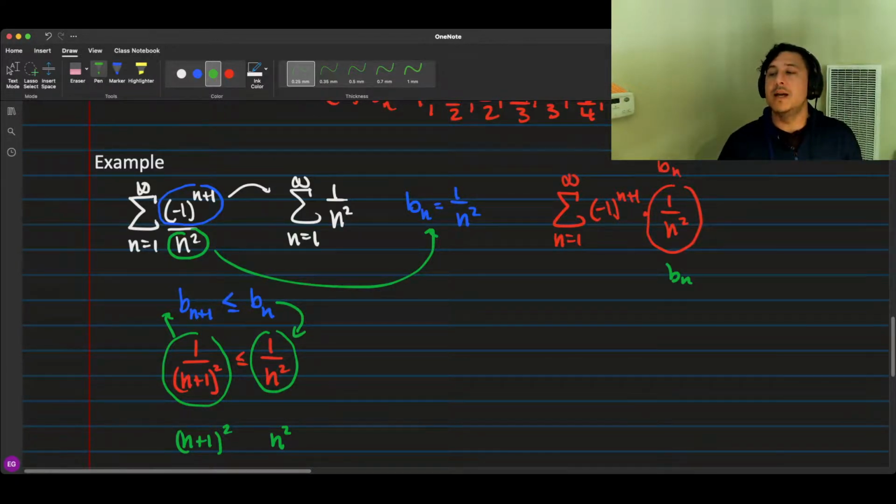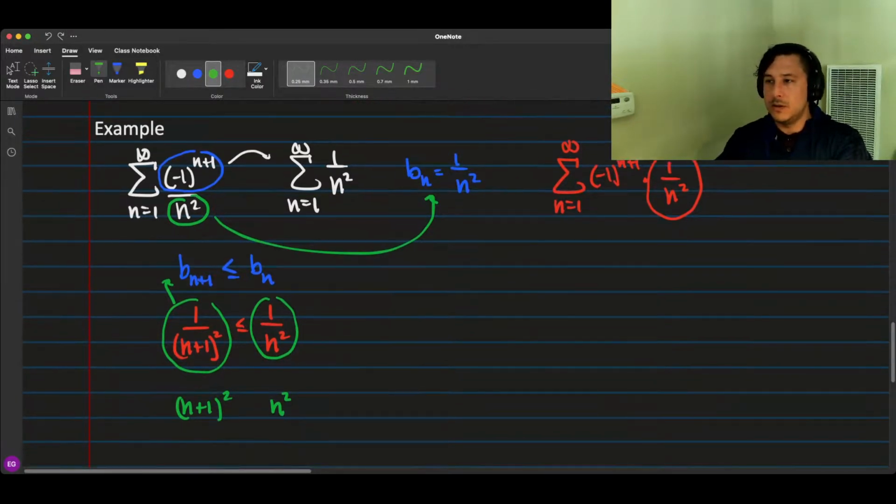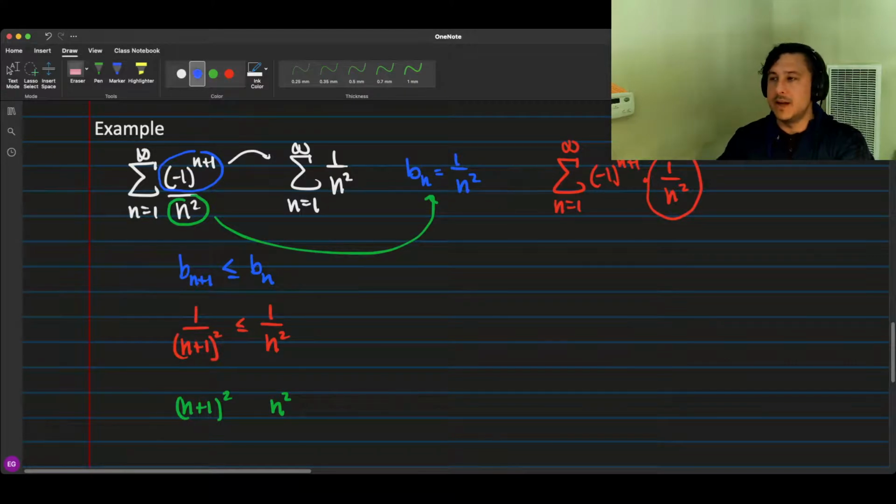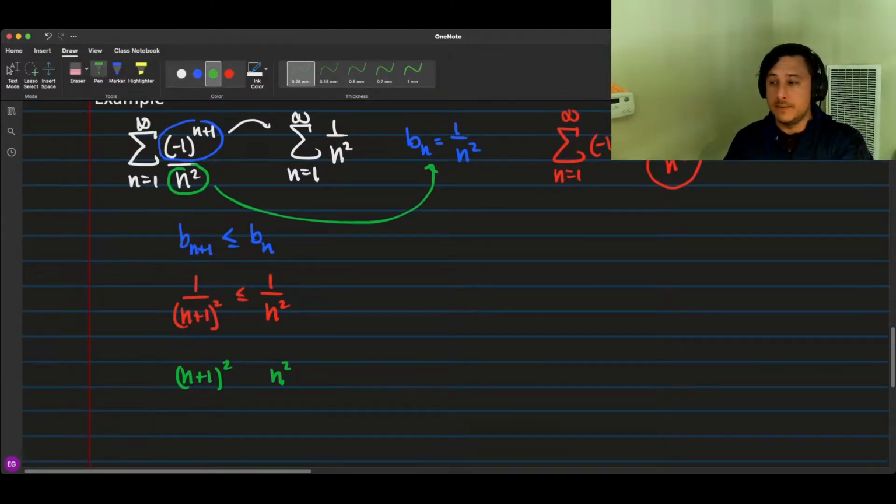Now bn plus 1 means where there was an n, you have to replace it with the n plus 1, and that whole thing will be squared. Okay, so now we need to show that indeed that one's less than that one. So we can just compare their denominators.